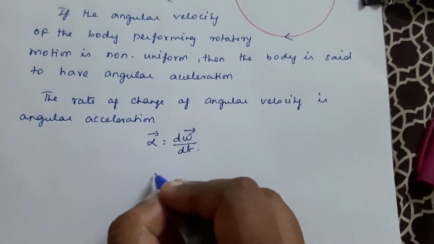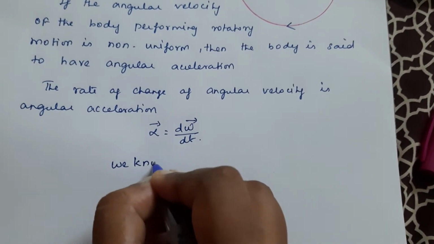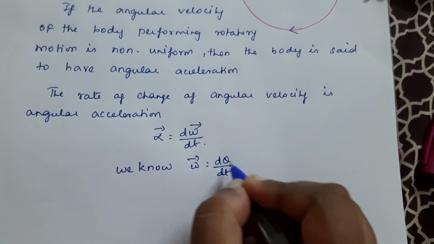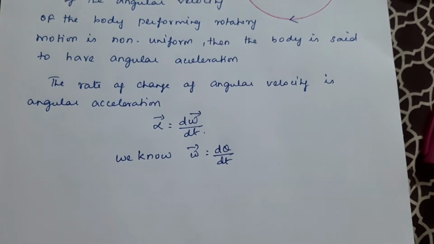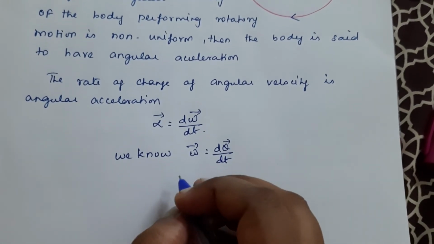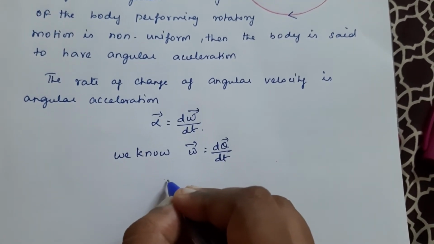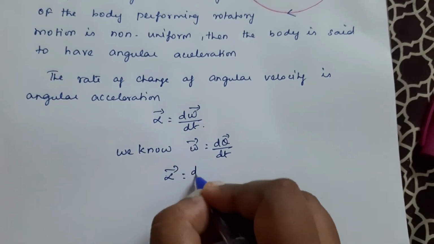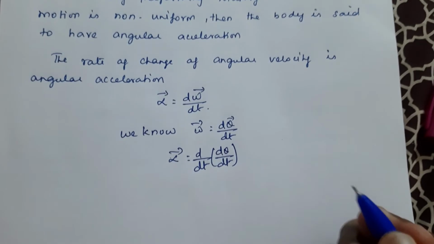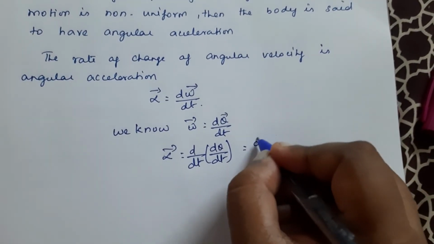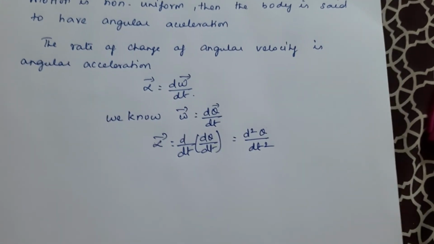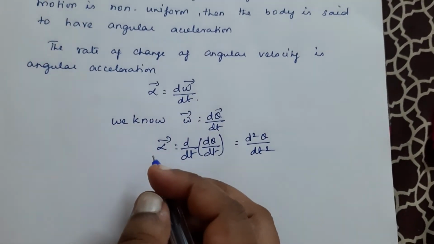Now we know omega is equal to d theta by dt, which can be written as alpha is equal to d by dt of d theta by dt. This can also be written as d square theta by dt square.